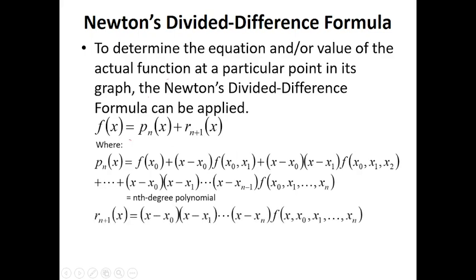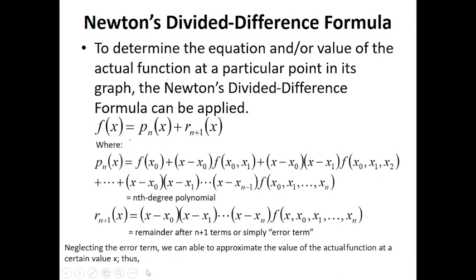Okay? And then we have ito yung formula ng R. R as a function of x. So, x minus x sub 0, x minus x sub 1, x minus x sub n times f of x sub 0, x sub 1 until x sub n. So, this is the remainder after n plus 1 terms or simply error term.